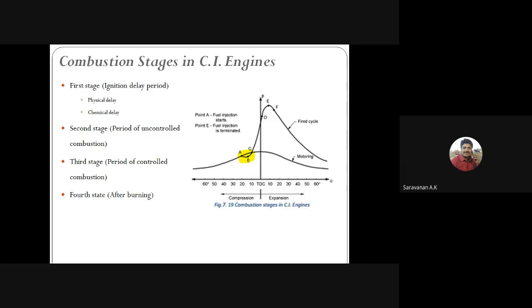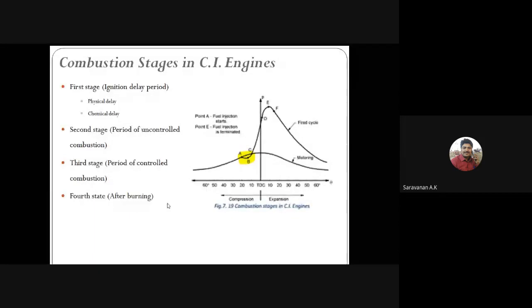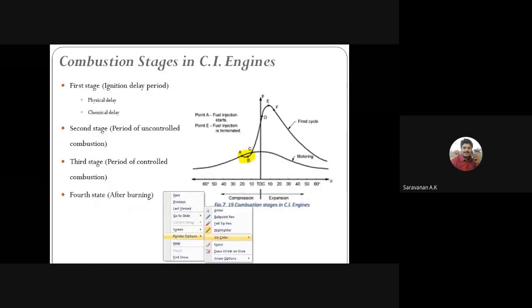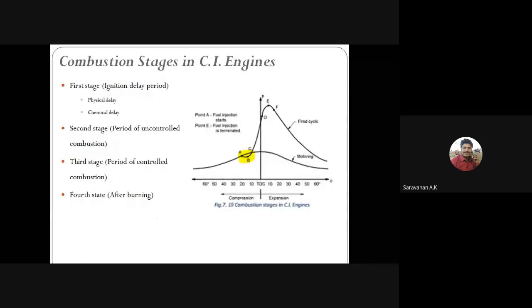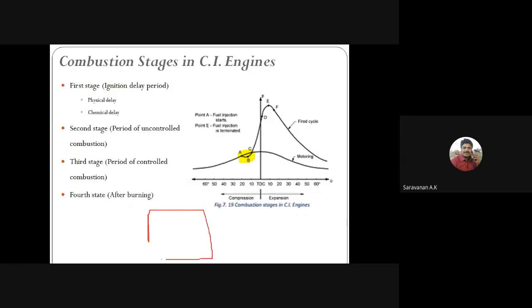In the diesel engine, you may see, for example, the engine cylinder. In the cylinder we have plenty of particles, that is air and fuel.